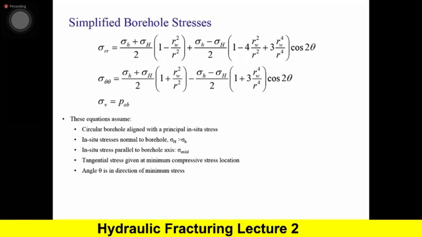You have to build the correlation based on your reservoir. Many people have done that. There is no general relationship between the two. It has to be developed for a reservoir or a basin.